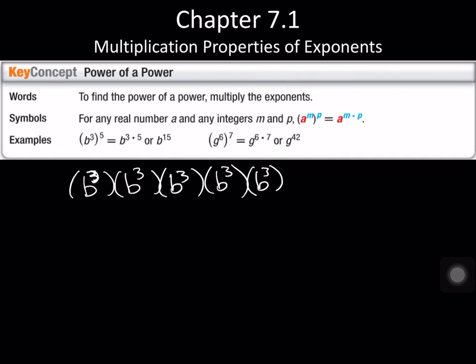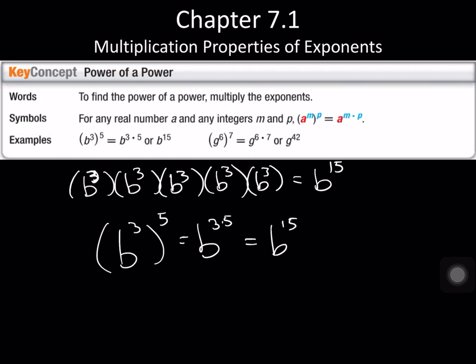The rule we just looked at says that when we multiply the bases, we get to add their exponents. So 3 plus 3 plus 3 plus 3 plus 3 would be b to the 15th power. The easier thing to see here is that b cubed 5 times is going to give us 3 times 5, or b to the 15th.